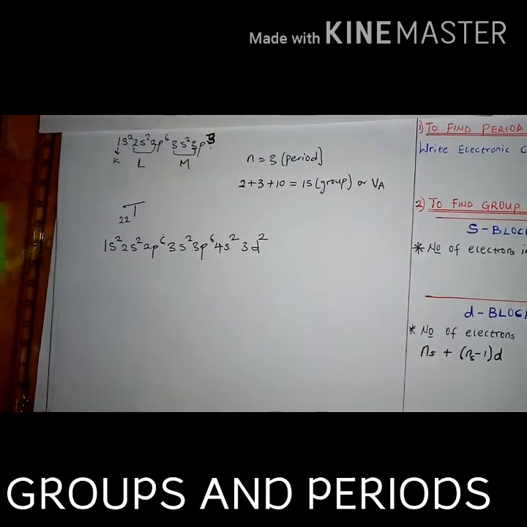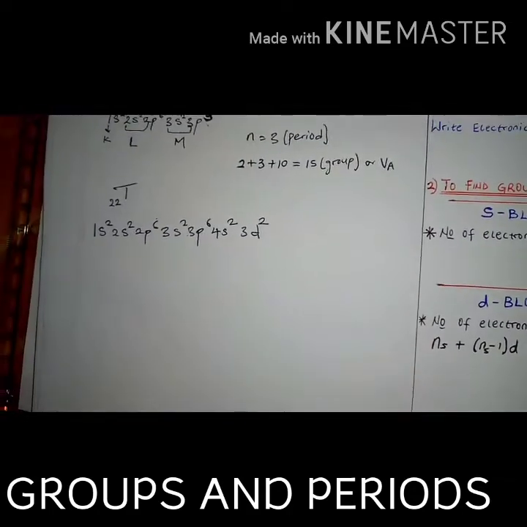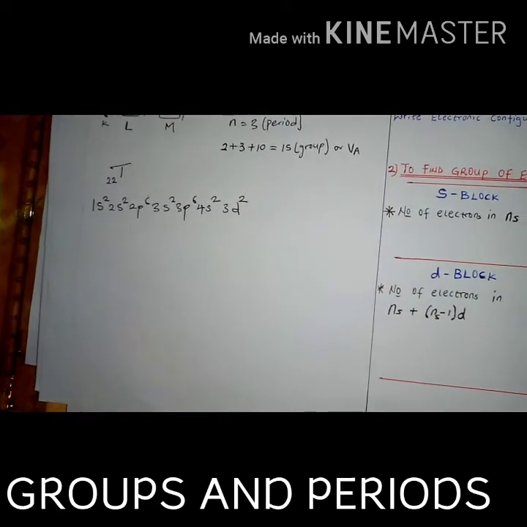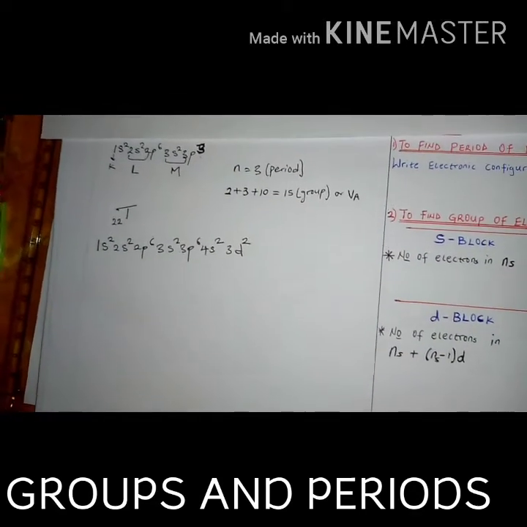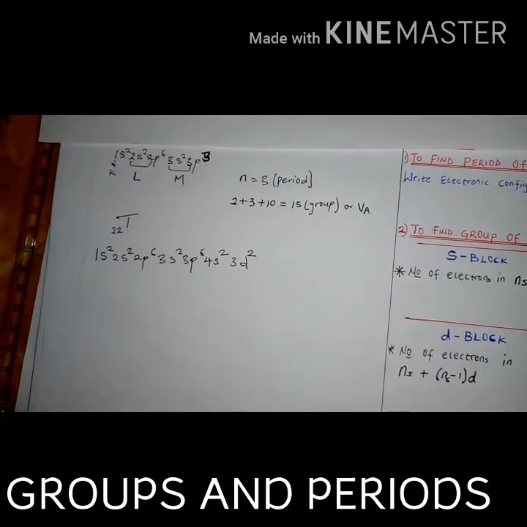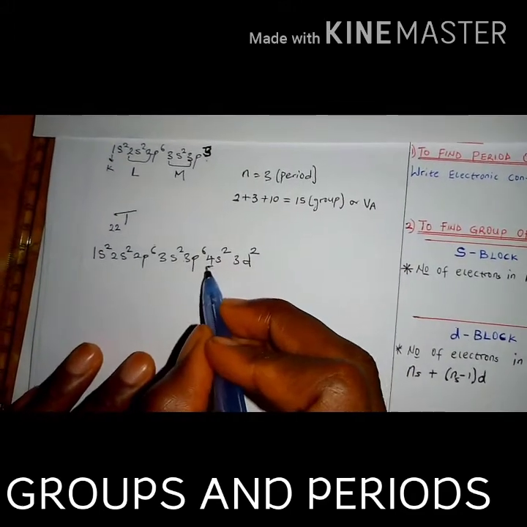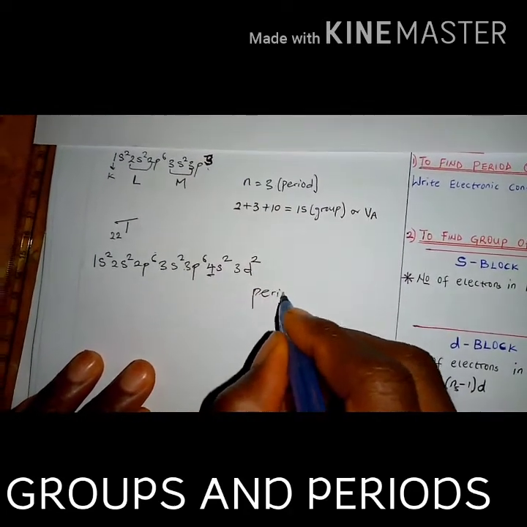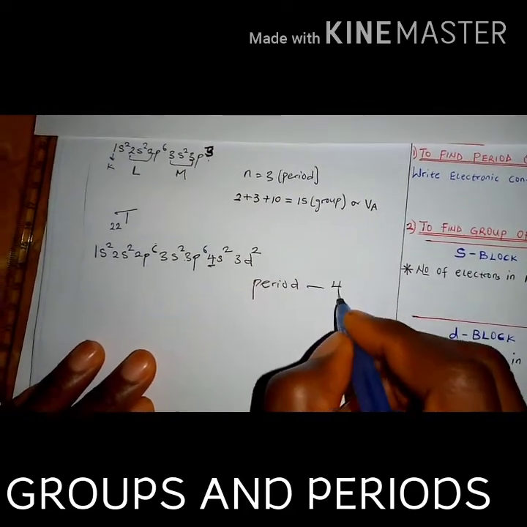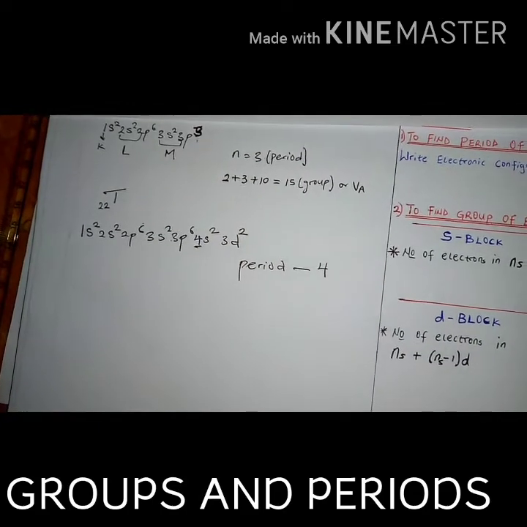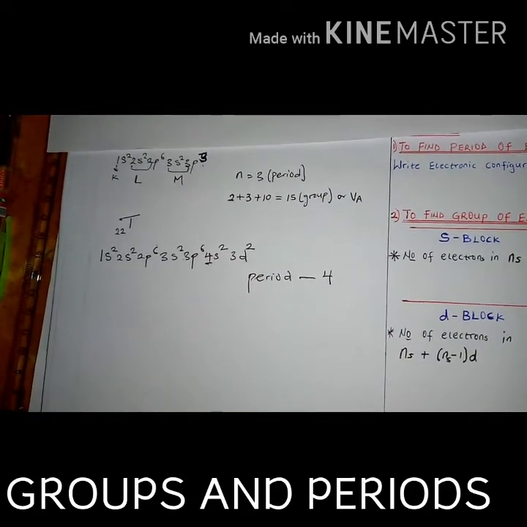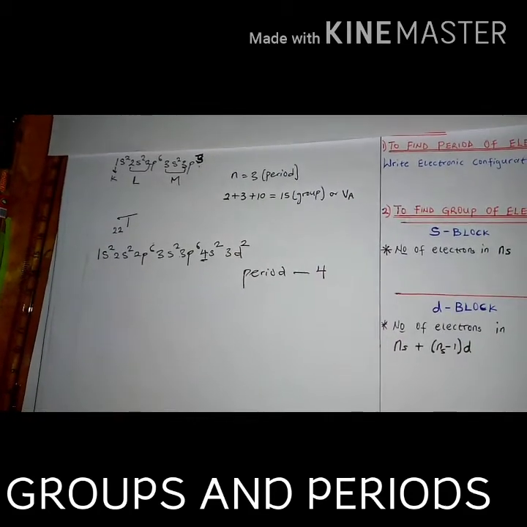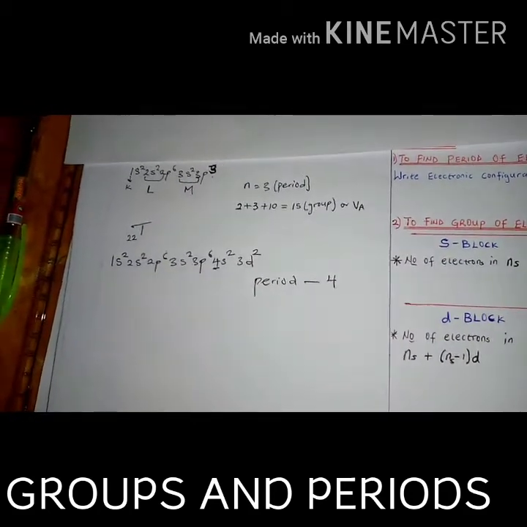Now to determine the period of titanium, we said the maximum value of n should give us the period. Now what's the maximum value of n here? 4. This is the maximum value. So titanium is in period 4. Now what is the group of titanium? Now if you check, titanium falls under the D block.